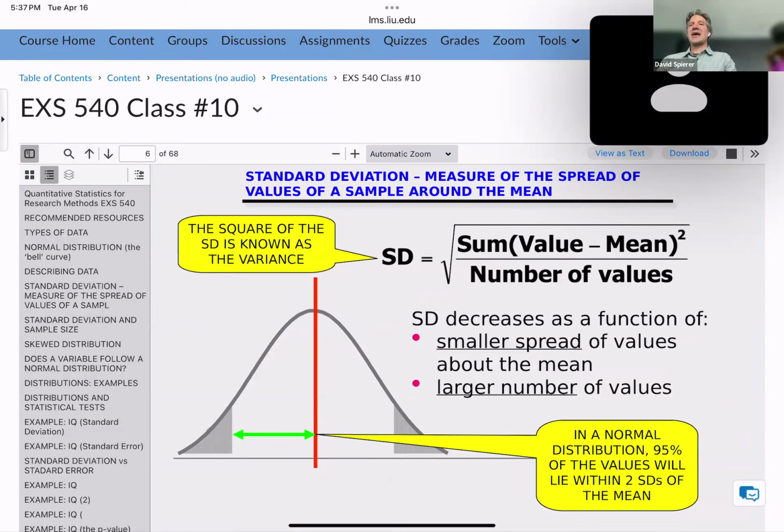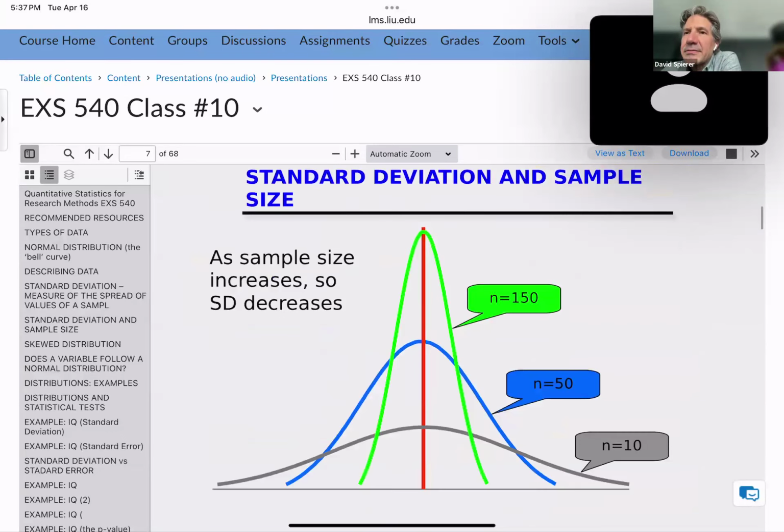It may not look exactly like this bell curve, but it's in the vicinity of the bell curve. It has a similar shape. When we look at a normal distribution, 95% of the values fall within 2 standard deviations.